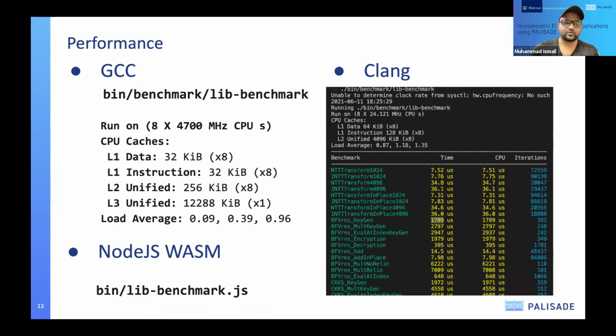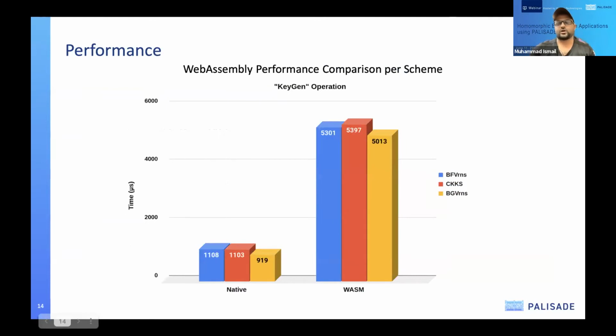When we are comparing it with the NodeJS build, for example, we have used libbenchmark as a standard to compare the performance. On the right hand side, you can see an image of performance benchmarks using Clang, and in upcoming slides, I'm going to describe how the WASM build performs compared with native GCC.